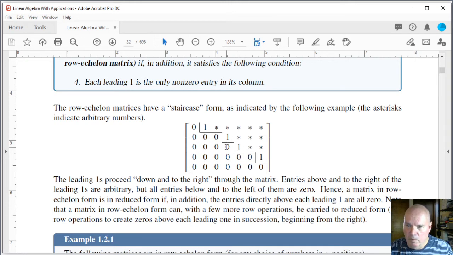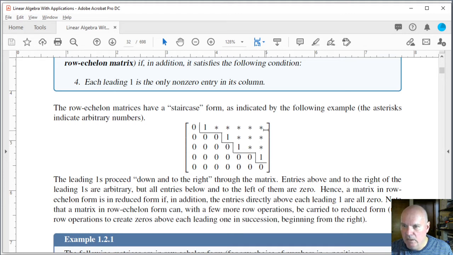Row echelon form. Reduced row echelon form, we take the additional steps so that the entries above the leading ones are also zeros. So this element would be 0, these two elements would be 0, and then these three elements would be 0. And again, by using the matrix elementary operations, we can force that to happen. If I subtract from row 3, let's say this last element here is a 4, if I subtract from row 3 4 times the fourth row, that will eliminate that element.